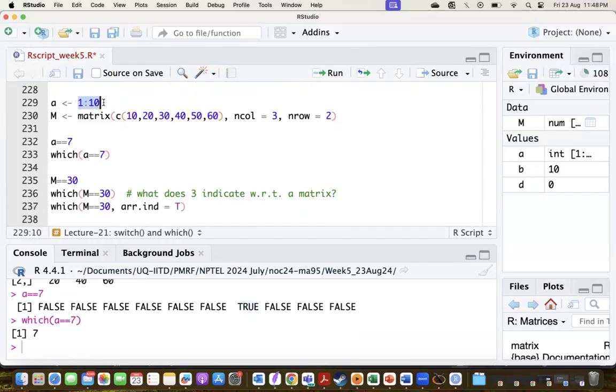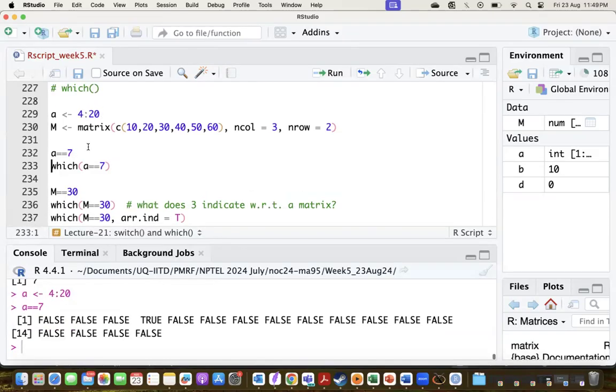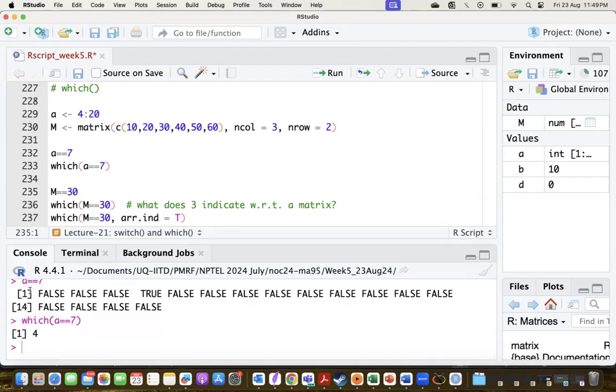Okay, I think this is a bad example. Let me do it so that it's not in the same order. Yep. So here somewhere it gives me a true, and then it gives me the position. So the 4th element here, that is true. That's what we have seen previously also.